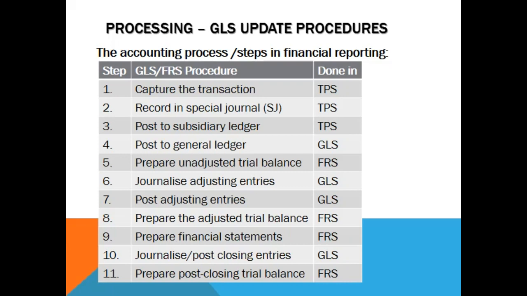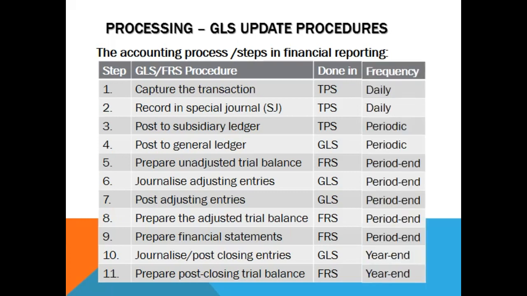Take, for example, the capturing of a credit sales transaction is done in the transaction processing system in the revenue cycle, as are the recording into the sales journal and the posting to the AR subsidiary ledger. From the posting to the GL to the preparation of the post-closing trial balance, this is either done in the GLS or the FRS system.